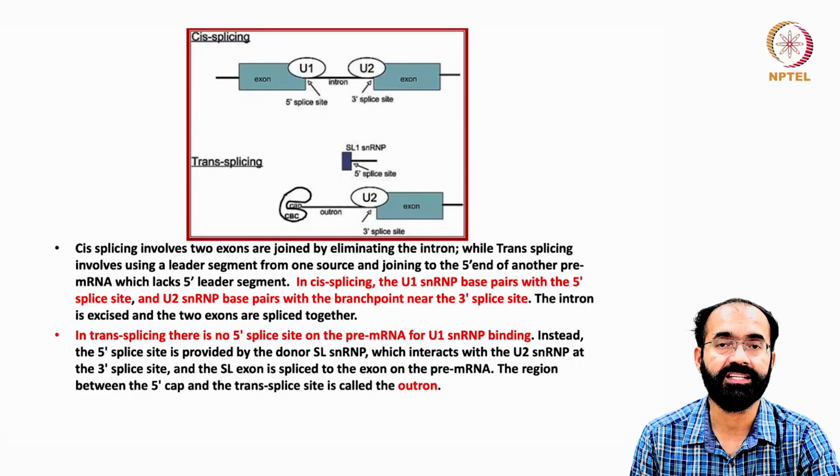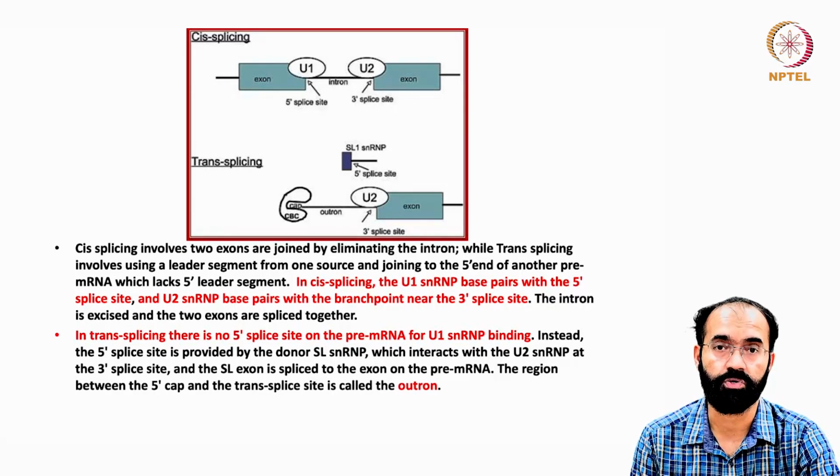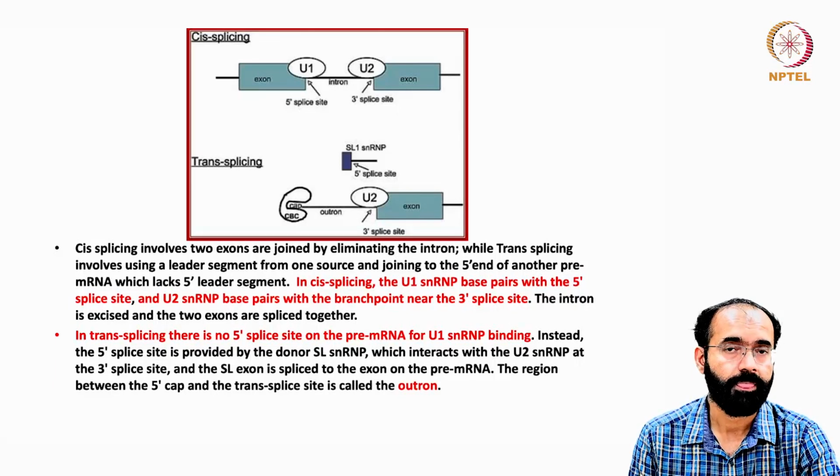The region between the 5' cap and the trans-splice site is now called the outron, because it is not an intron; it is standing outside the exon. Normally an intron lies between two exons, so since this is standing outside one exon, we call it an outron. So be clear with this terminology. Normally an intron is removed, and the outron is also removed.